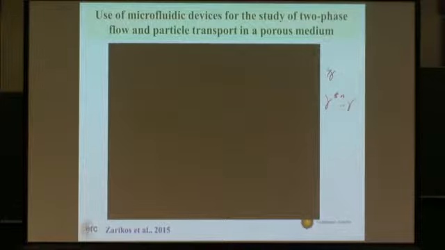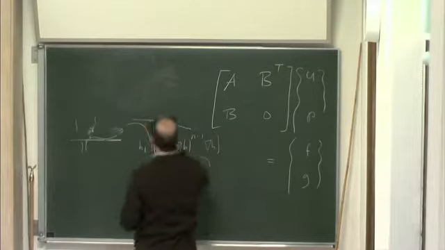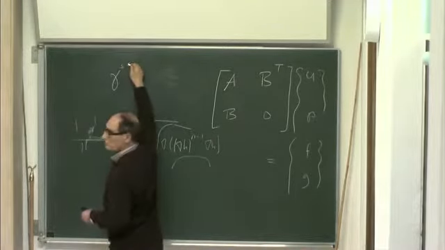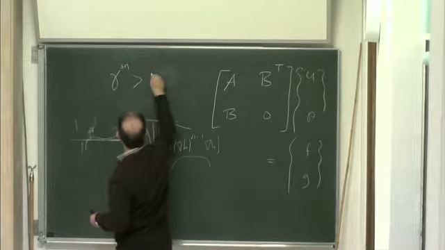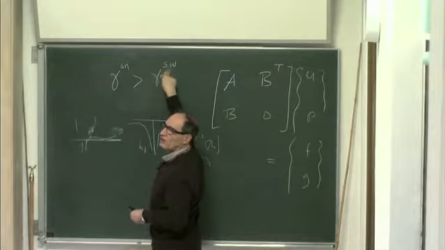So the gamma solid and then with the non-wetting phase, can you read that? Gamma is the interfacial energy per area, or interfacial tension, between solid and the non-wetting phase. This is usually larger than, it must be, between the solid and wetting phase.